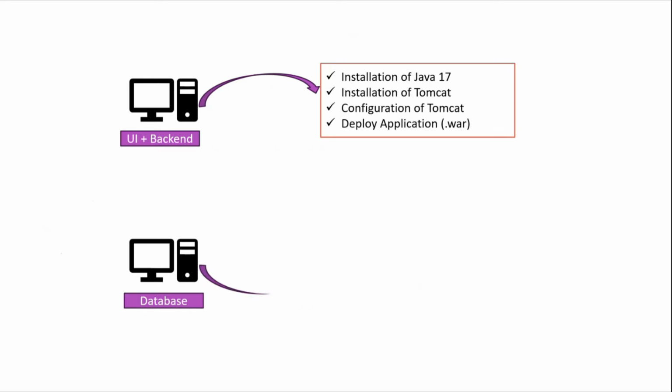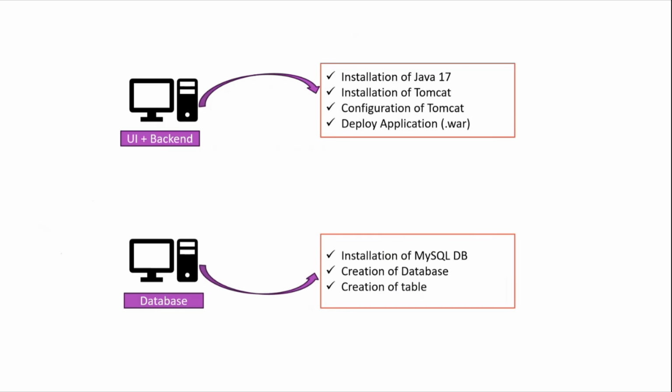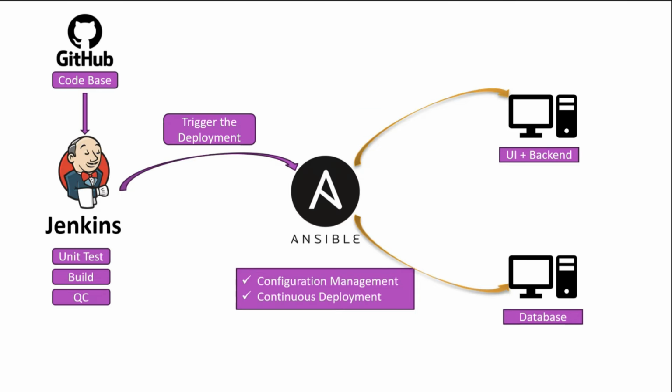Then for the database, we are going to install the MySQL database, and then we'll see how we can create the database and the tables. For the UI and backend, we are going to use an Amazon Linux 2023 server, and for the database, we are going to use Ubuntu 22. So first, let's see how we can write the pipeline script to build the entire project.